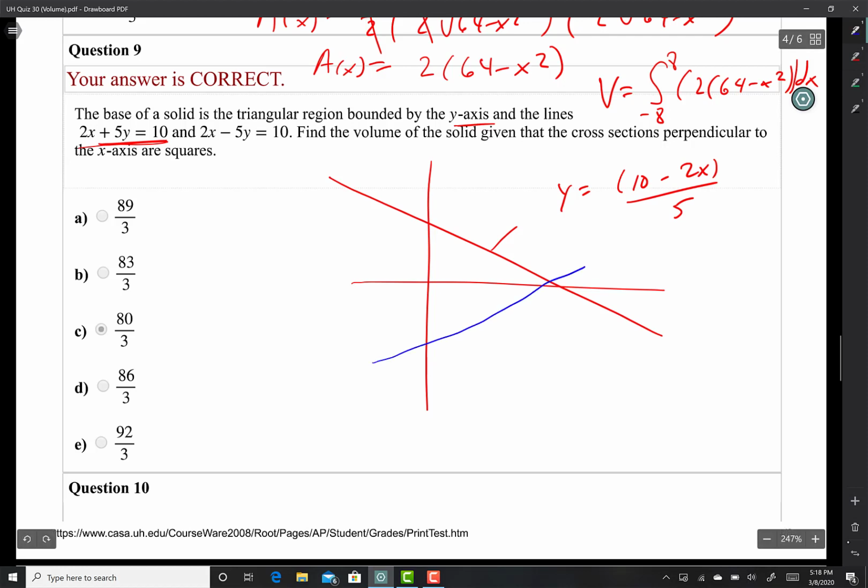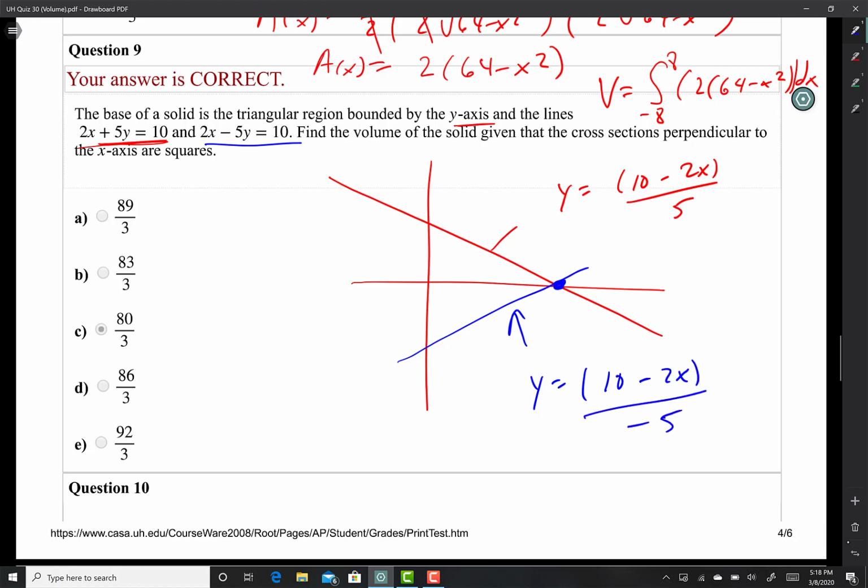Not like that, guys, it's supposed to be a linear line. There we go. Let's pretend that they meet there. And this curve is y equals 10 minus 2x divided by negative 5. Negative divided by negative is a positive. So there's my region. And when I cut it like so, it's coming out and they're squares.